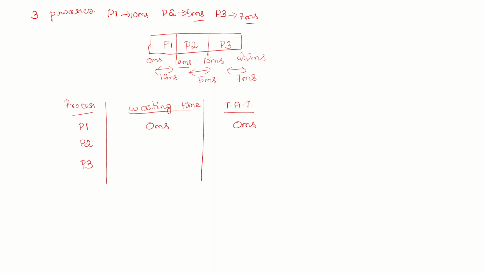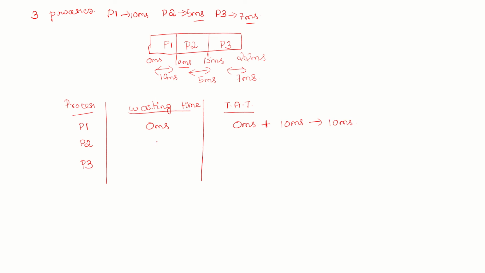As soon as it comes, we are serving it with the execution time. Now, 0 milliseconds is the time spent in the ready queue. Now, what is the execution time? How much time does this P1 take for its execution? It is 10 milliseconds. So let me write 10 milliseconds. So it is 0 plus 10. So I can write it as 10 milliseconds over here.